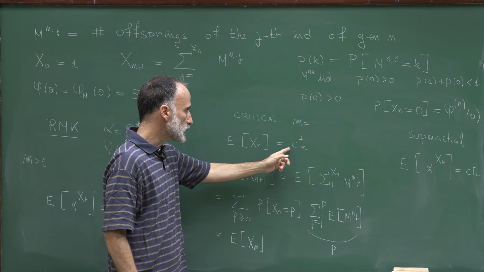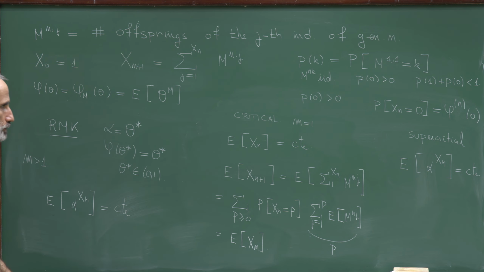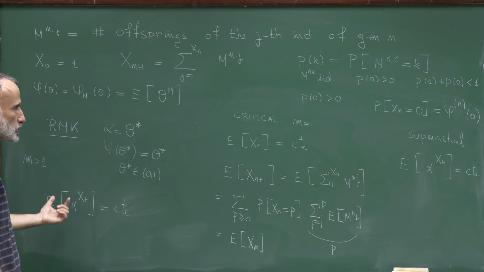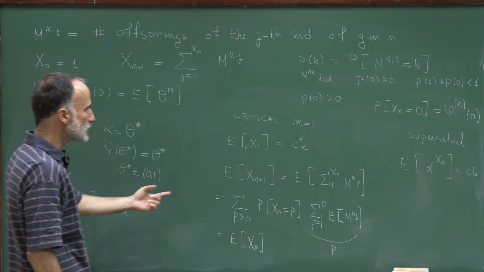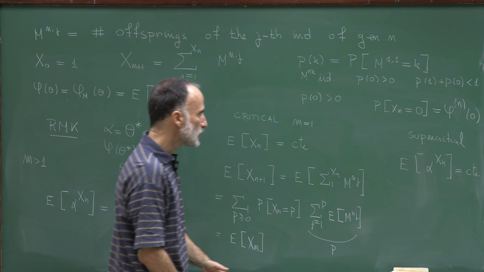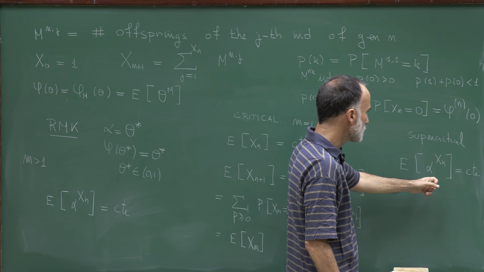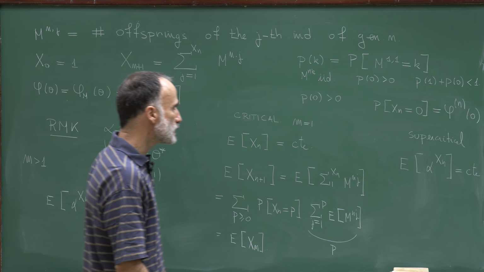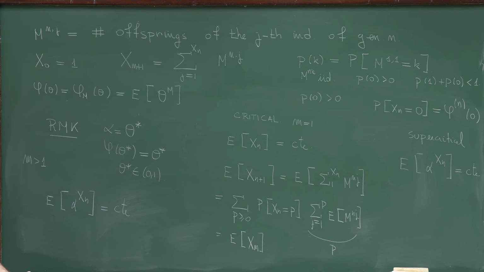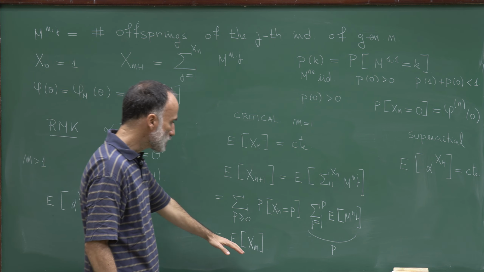On the other hand, its expectation is constant in time. While if you take the subcritical case, you can prove that the expectation is decreasing exponentially. In the supercritical case, the expectation will increase exponentially, but in the critical case, it's constant.